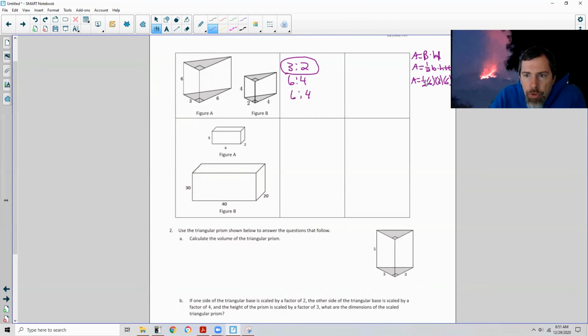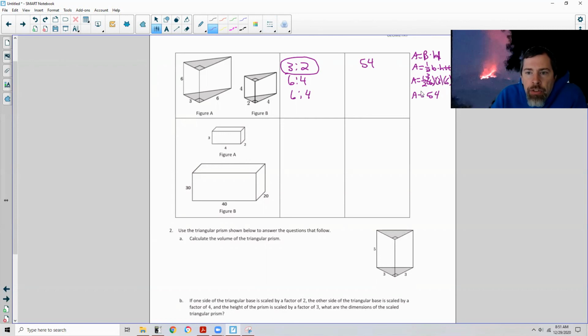I can get rid of my 6 here and make it 3. So 3 times 3 is 9, and 9 times 6 is 54. So the volume is 54 cubic units.